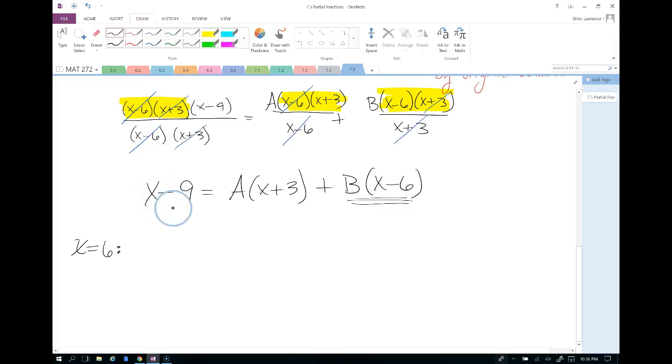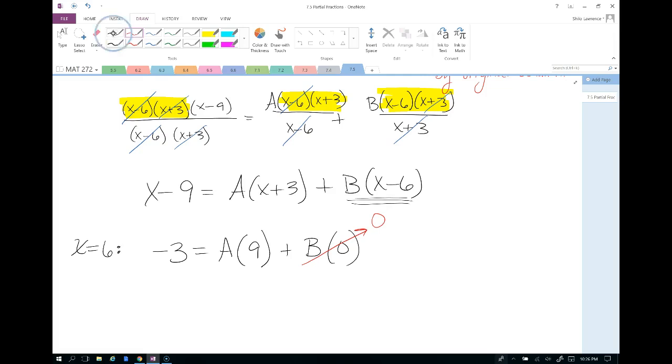So when I do that, I get 6 minus 9 is negative 3 equals a times 6 plus 3 is 9 plus b times 6 minus 6 is 0. So this was a strategic value because it completely got rid of the b variable for us. It also got rid of the x variable because we plugged in for the x variable. So now we're just left with the a to solve for.